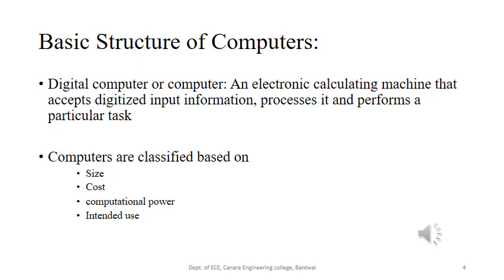It accepts various inputs from humans, processes them, performs a particular task and sends the output. These computers are classified based on size, cost, computational power and the intended use, or where exactly these computers are used.